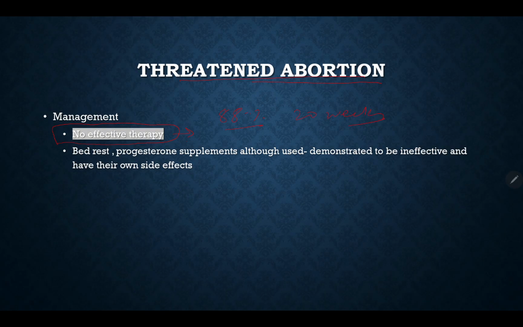So even if you are not going to treat, almost 88% of women will carry to the later part of pregnancy naturally, and there is no effective therapy till date.